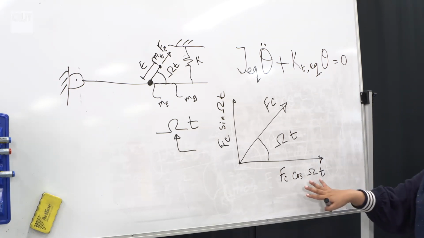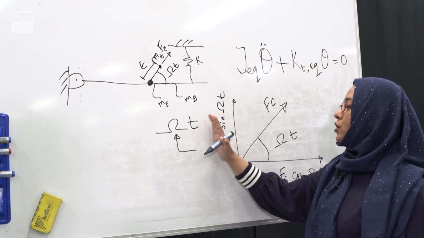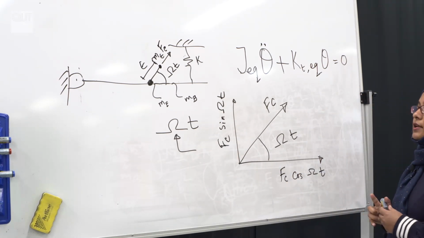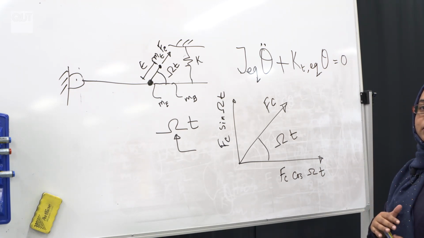Now, what do the horizontal component and the vertical component physically mean? Let us go back to our mechanical system, and there I will explain it.